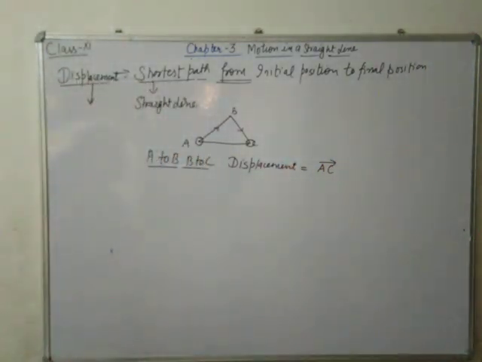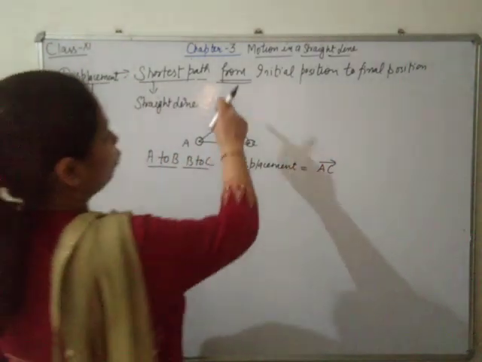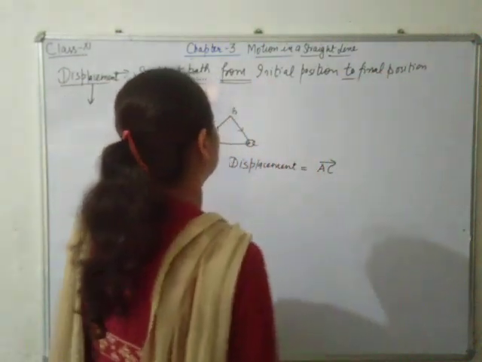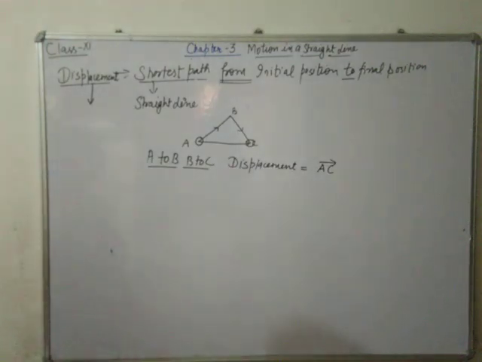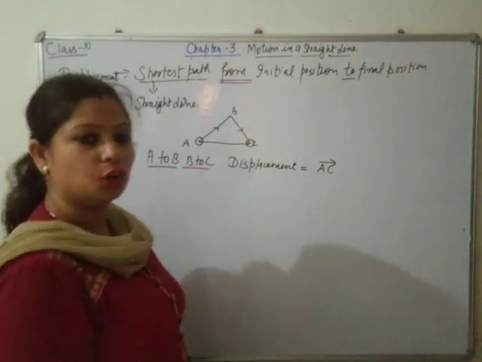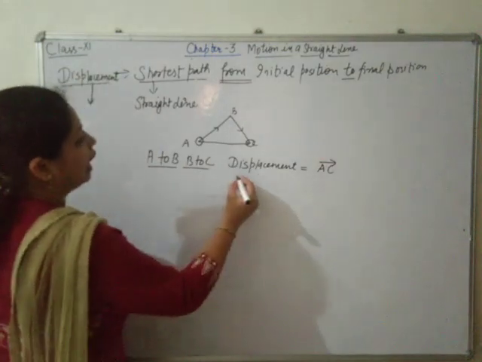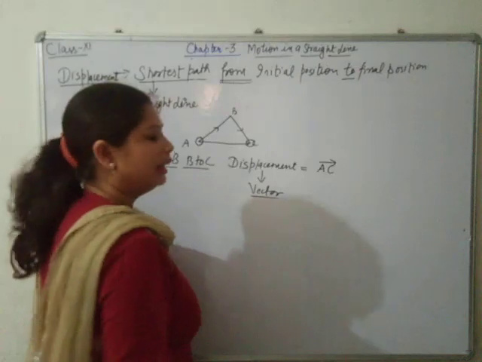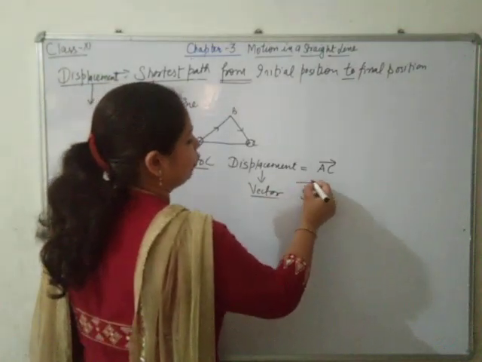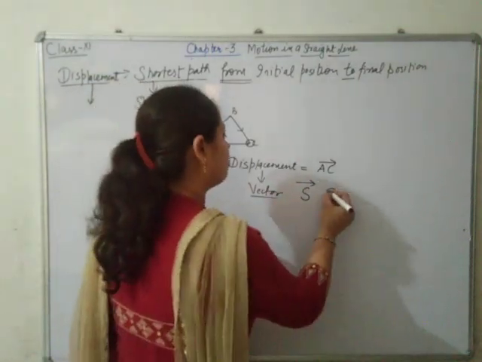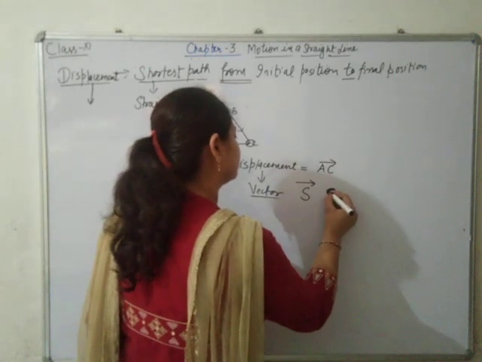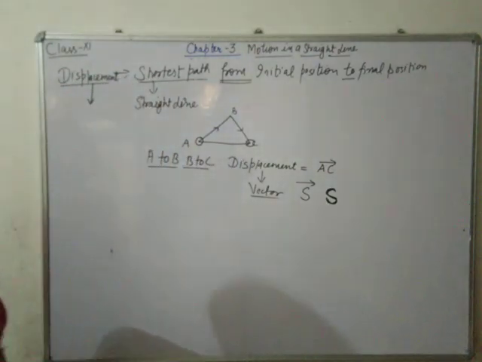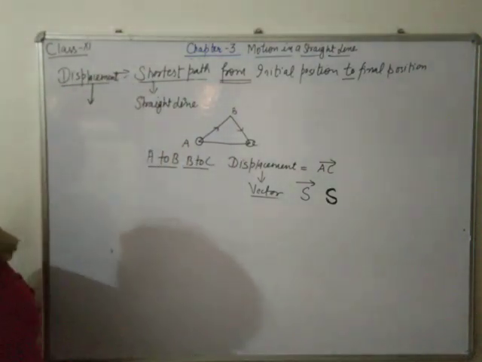For measuring the displacement, I have given focus that we have to start from initial position up to final position. What does it mean? It means there is a particular restriction towards the direction. So, I may call that displacement is a vector quantity. Being a vector, it is represented by S with arrowhead or by bold letter S. It has both magnitude as well as direction.